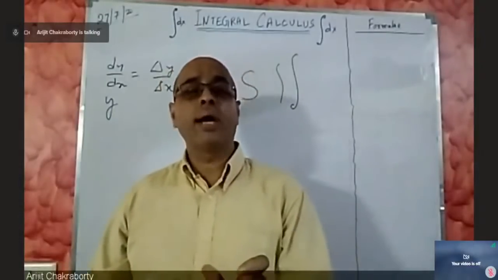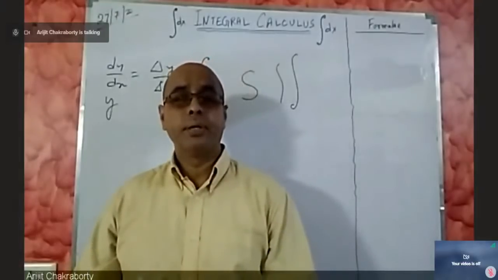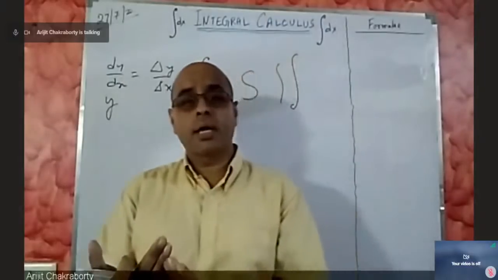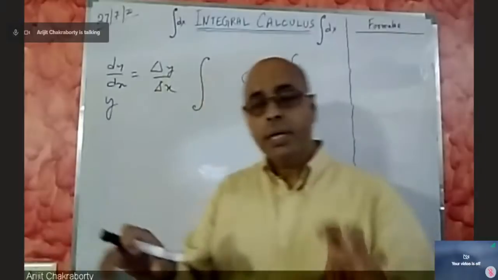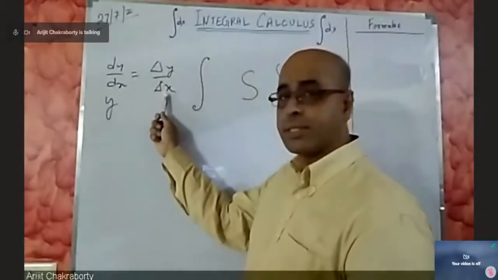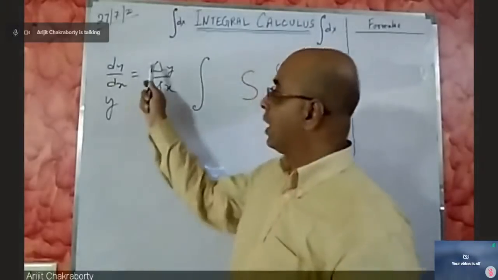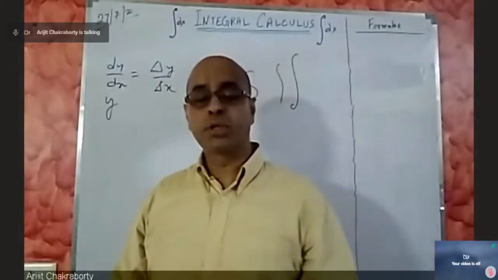That means we are finding the derivative of a particular function using differential calculus. So differential calculus breaks down, it disintegrates. A small change in x, as a result of which, what is the corresponding change in y? This was the basic point of differential calculus.